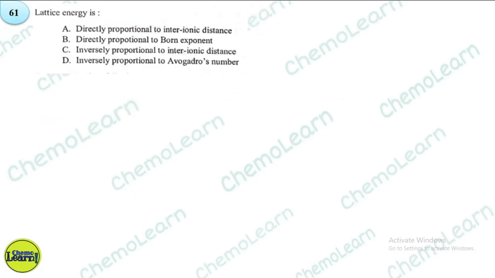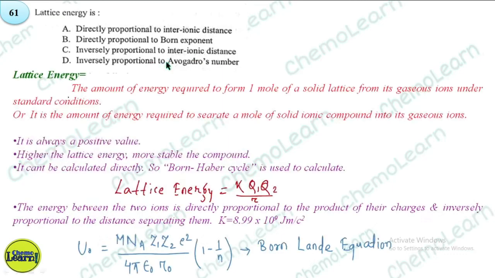Lattice energy is directly proportional to interionic distance, directly proportional to Born exponent, inversely proportional to interionic distance, or inversely proportional to Avogadro's number. What is lattice energy? The amount of energy required to form 1 mole of a solid lattice from its gaseous ions under standard condition, or it can be stated as the amount of energy required to separate 1 mole of solid ionic compound into its gaseous ions.